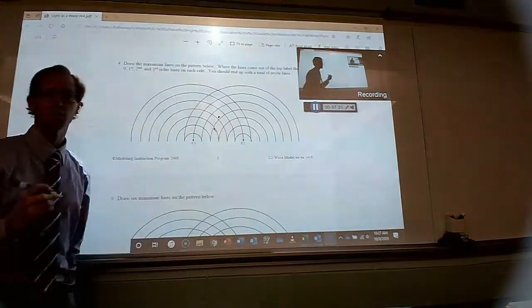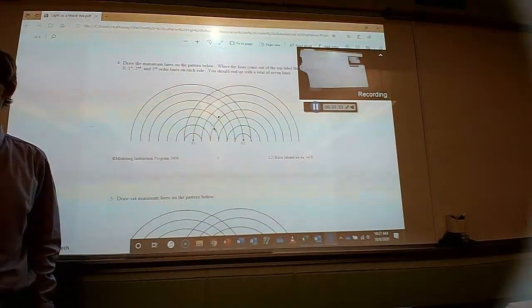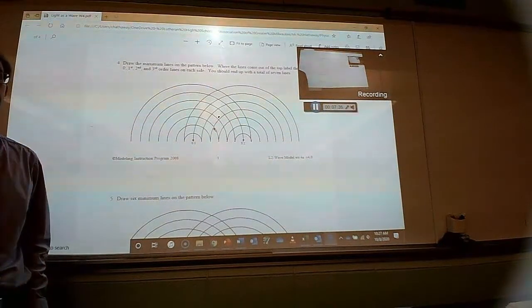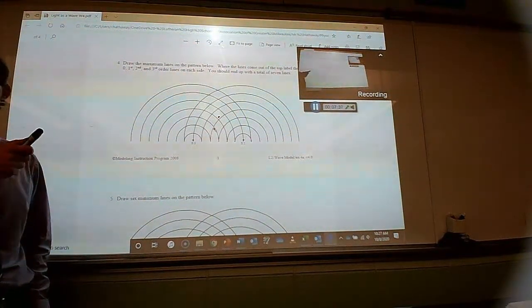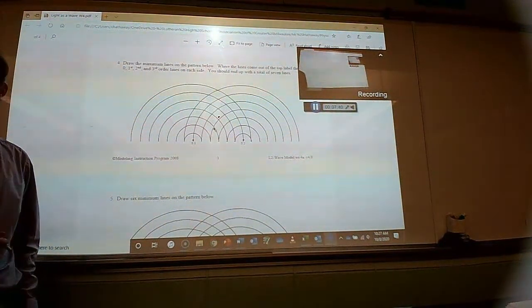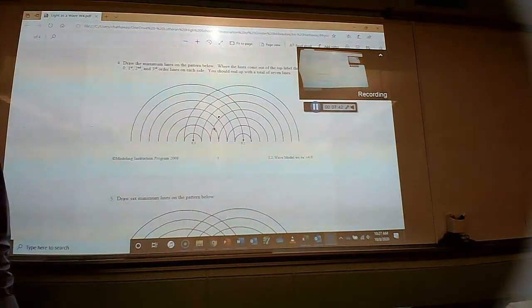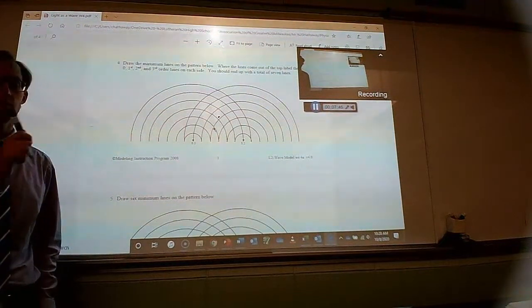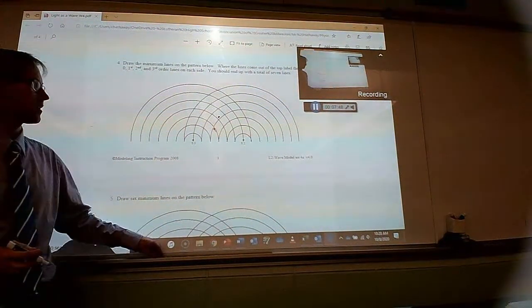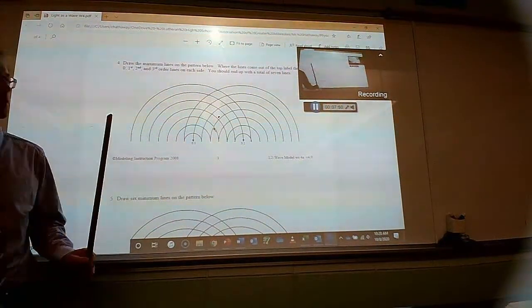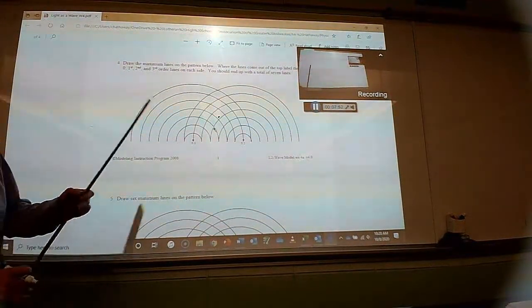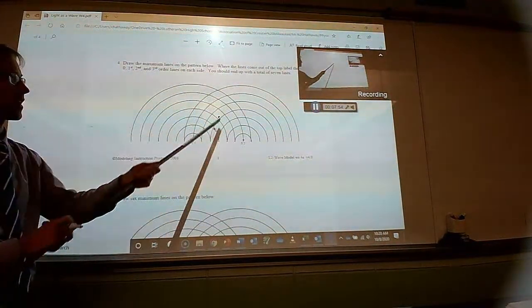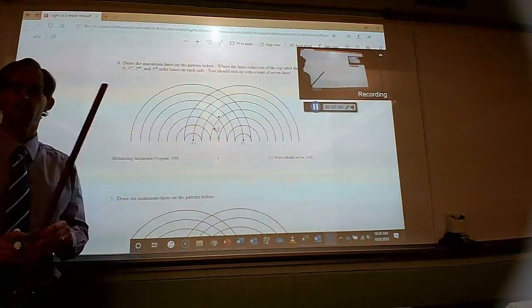What are your thoughts on that? Perhaps destructive, perhaps constructive, maybe neither. That's a good point. And you need that point in order to understand what the answer to this question is going to be. This dot does lie on a maximum line. And what does a maximum line represent?